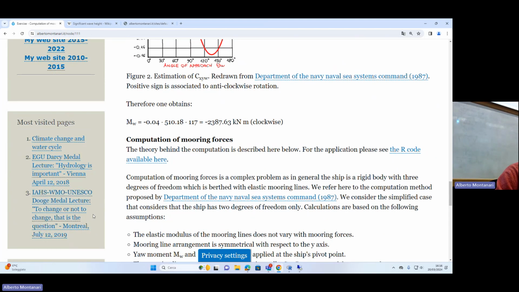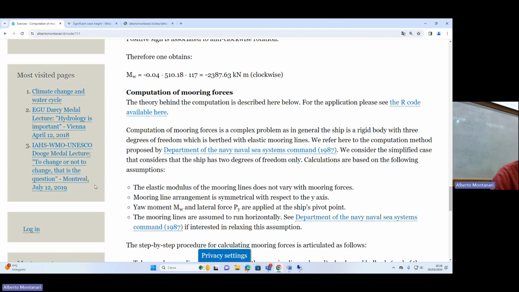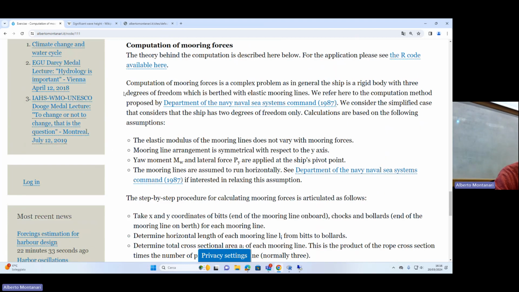Now, computation of mooring forces. Let's have a look at this. The theory is described here below, okay? And for the application, there is the R code, which is the same code that we were looking at before.